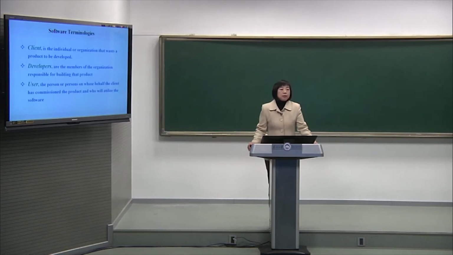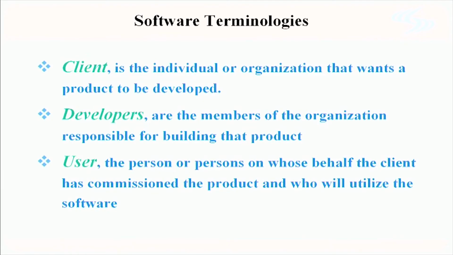The next three terminologies are client, developers, and user. During the previous lectures, sometimes we have mentioned the words client, developers, and users. Client is the individual or organization that wants a product to be developed.